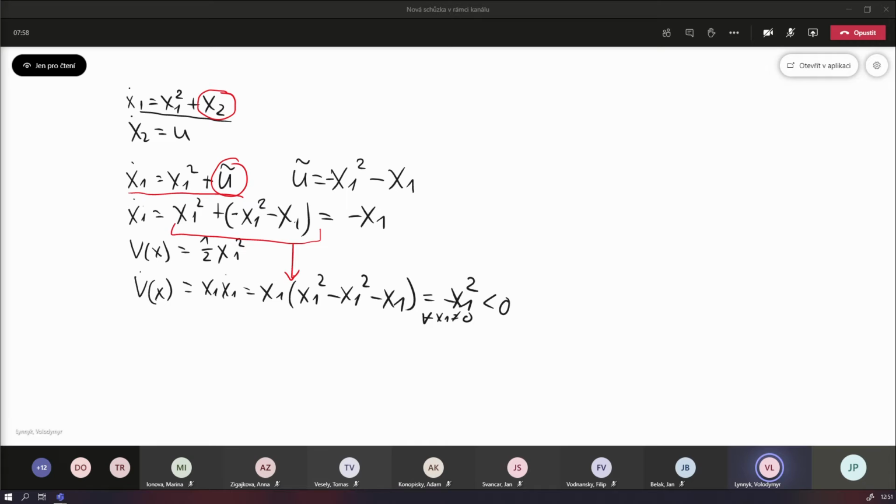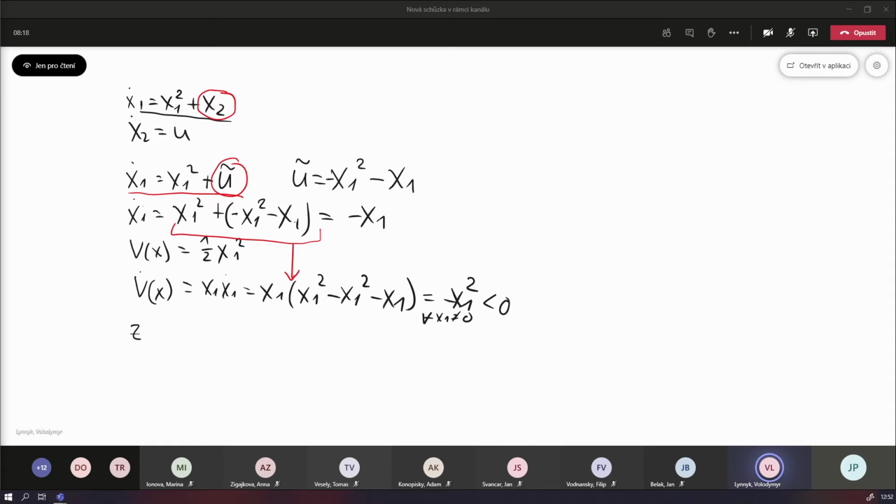Now the next step is we need to define the next variable z2, which includes the virtual control u tilde.